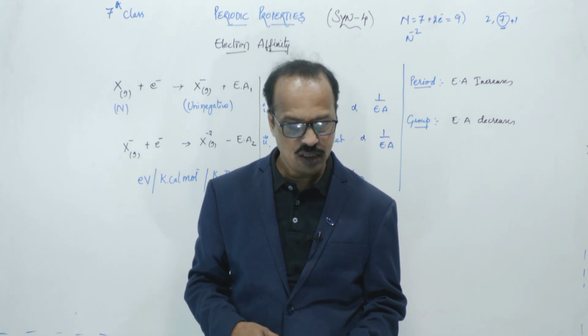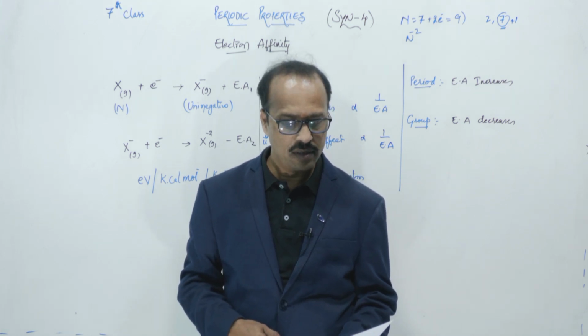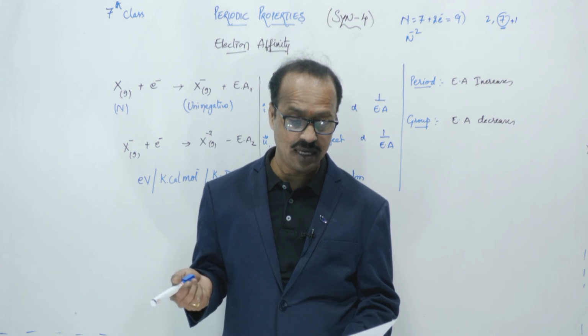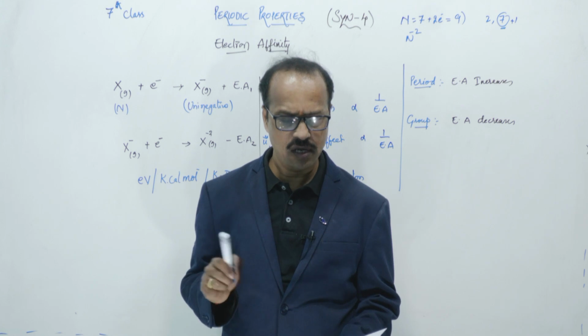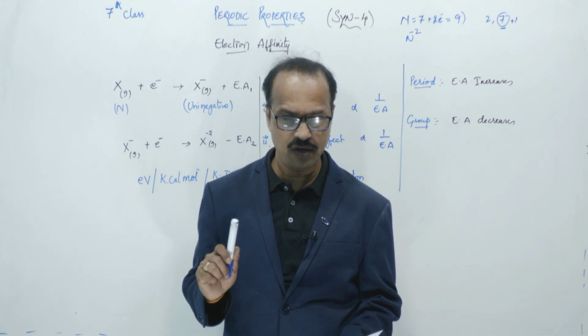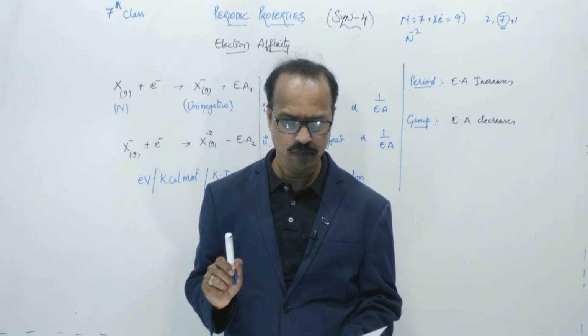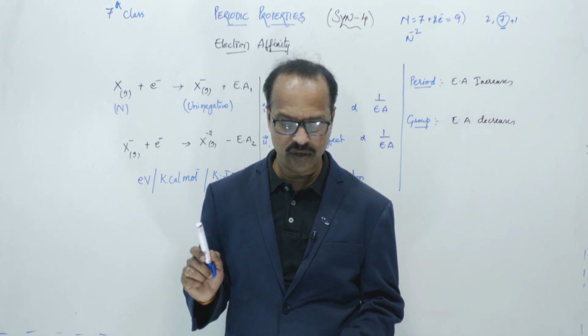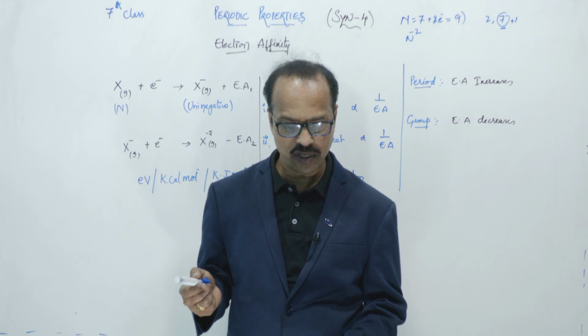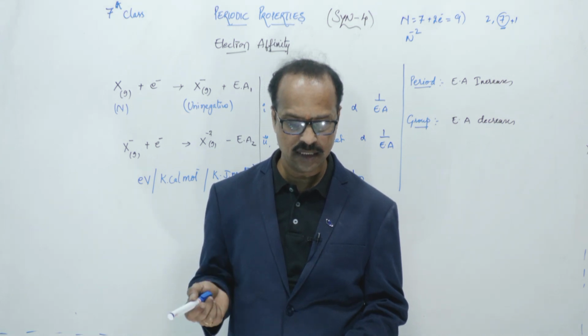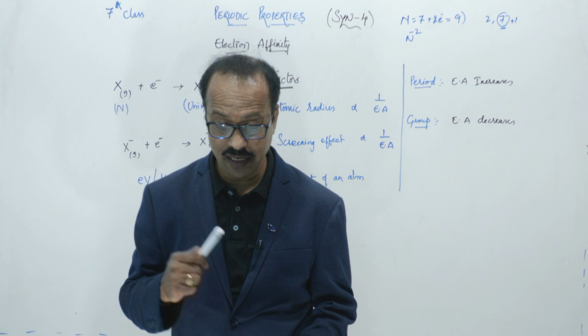Ninth one: the electron affinity of K plus ion is numerically equal to. This is a logical question. E of chlorine atom, no. I of argon atom, no. I of potassium atom, yes.